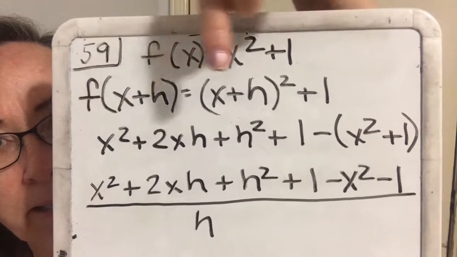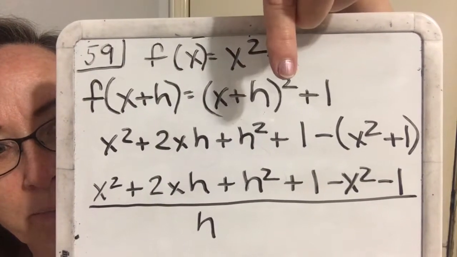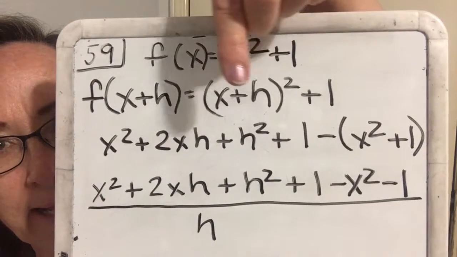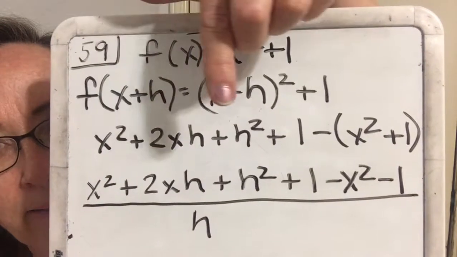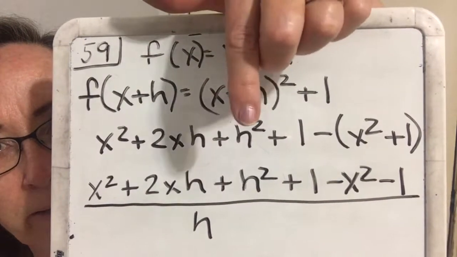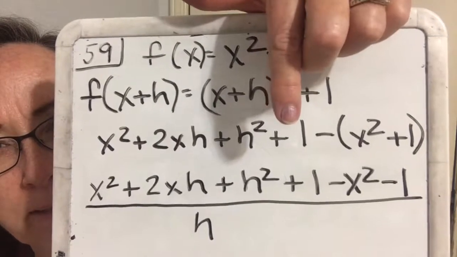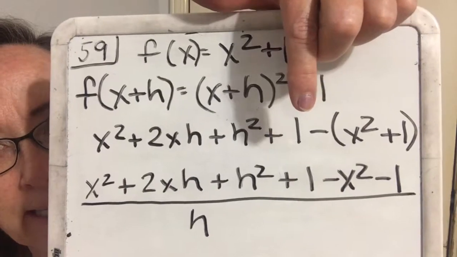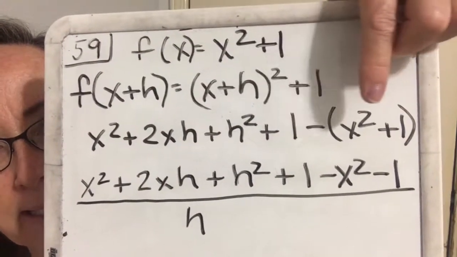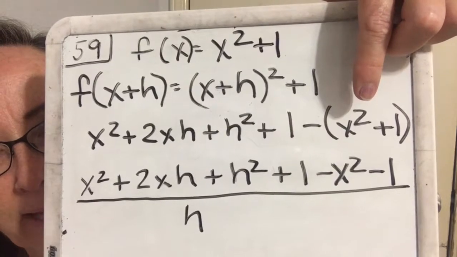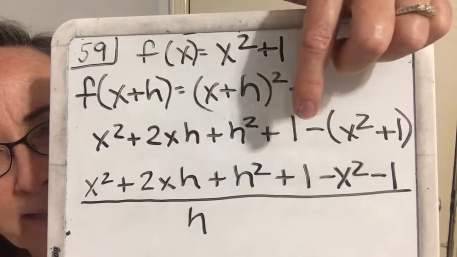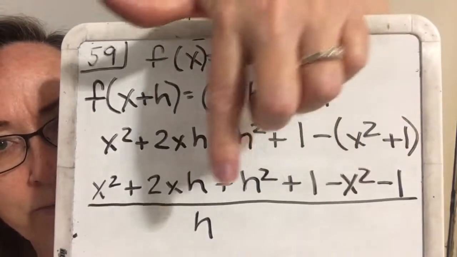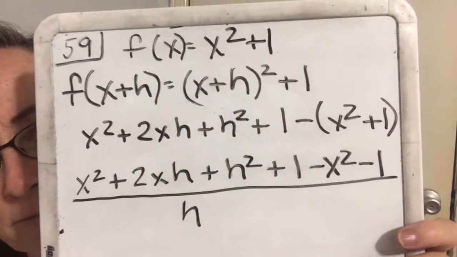Then I distributed my x plus h squared, remember, which is first term squared, the product of the two terms xh doubled, and the last term squared, the h squared, and then plus the 1 minus, now I'm continuing with my difference quotient, remember, it is f of x plus h minus f of x, and there's my minus f of x. And then I simplified that by distributing the minus sign through, so I got all of this over the h, which is at the bottom of the formula.